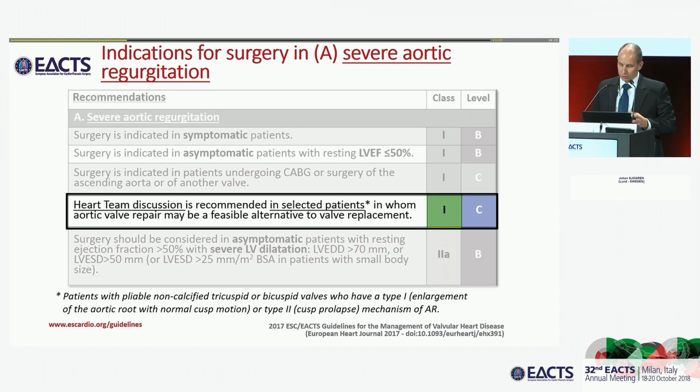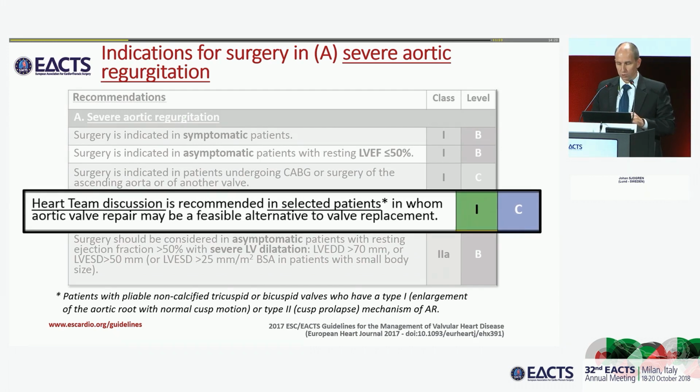If we look at what's written in the guidelines when it comes to aortic regurgitation, because this is a session about aortic valve repair, so far the standard procedure is aortic valve replacement. But as you can see, there is a 1C recommendation that a heart team discussion is recommended in selected patients in whom aortic valve repair may be a feasible alternative to valve replacement.